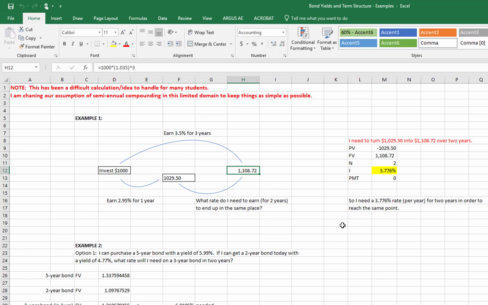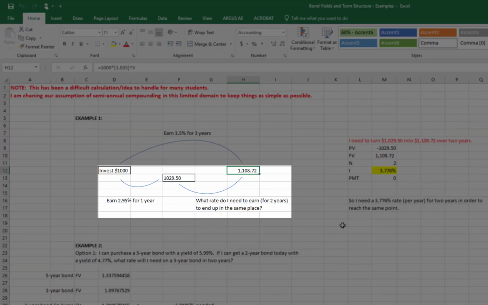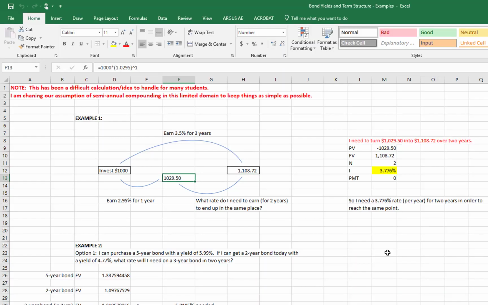So it's going to turn into $1,108.72. Now the second route is to cobble together a 1-year bond and a 2-year bond. I already told you what the interest rate is for the 1-year bond, and it's 2.95%. So that $1,000 is going to grow to $1,029.50. If I look at the formula there, that shows where that number is coming from.